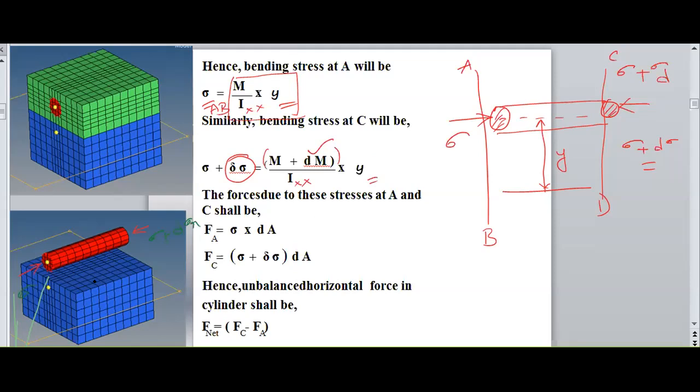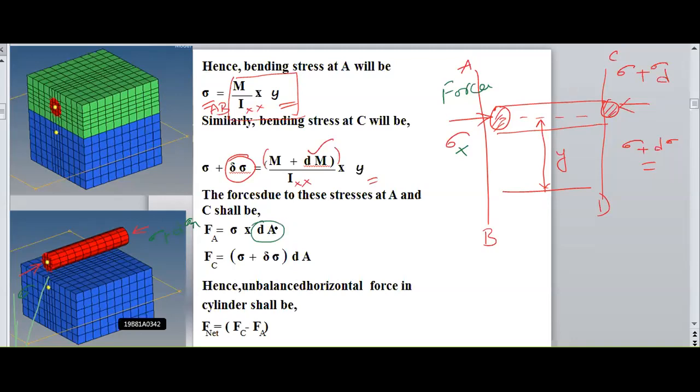Now I need the force on the face AC. To calculate the force, I know the stress now. Force is equal to stress into area. The area of the fiber is dA.